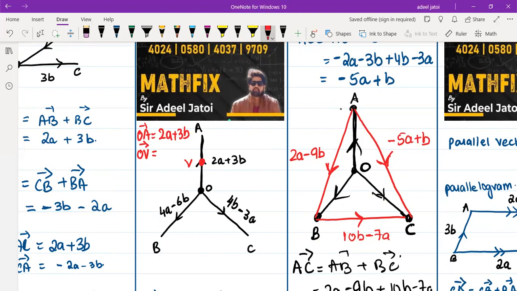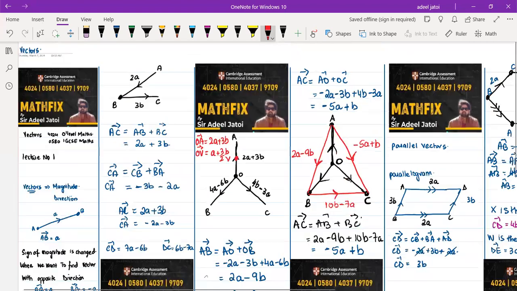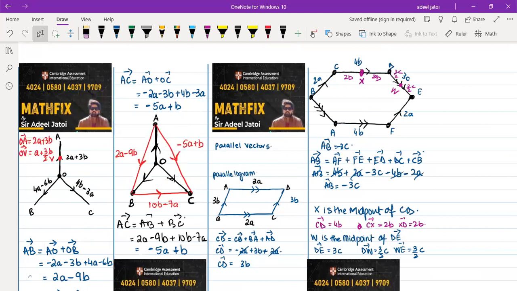So what I need to do is divide this by 2. So this should be A plus 3 upon 2B, because when divided by 2, 2A divided by 2 will become A, and 3B divided by 2 is 3 upon 2B. This will be the midpoint of OA, and this point will be your midpoint, that is the red point. So there might be questions related to the midpoint in the past papers.